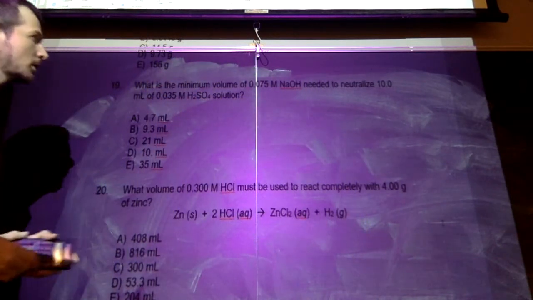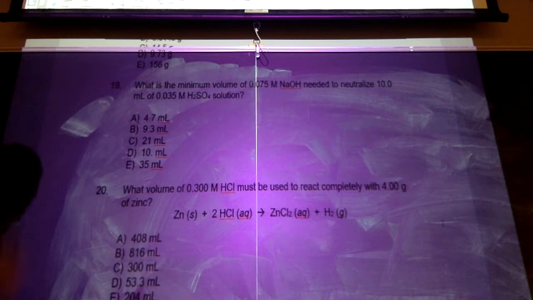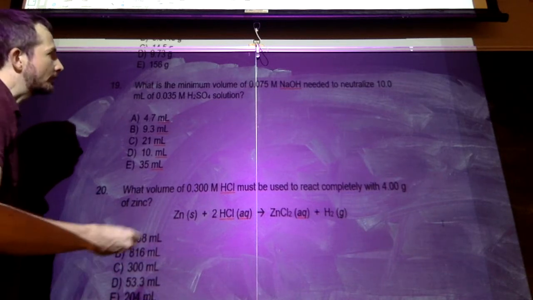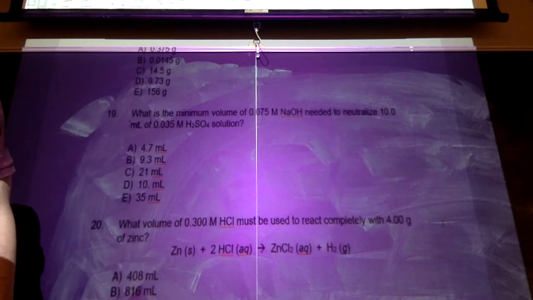What is the minimum volume of 0.075 molar sodium hydroxide needed to neutralize 10 milliliters of 0.035 molar sulfuric acid solution? And so, same balanced equation that I used before.